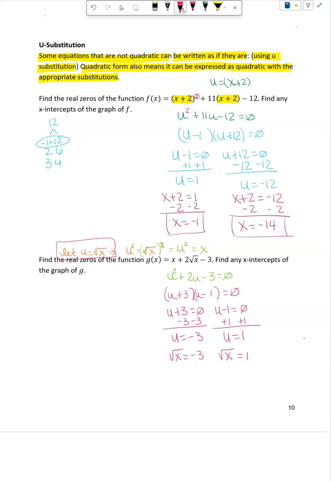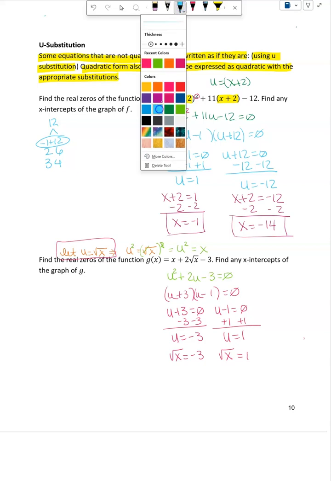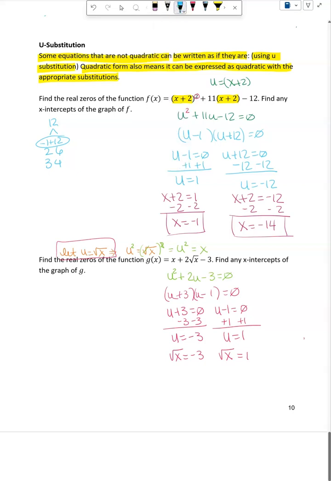Okay, now's when we really have to use our math brain, okay? Because is there anything that we could take the square root of that's going to give us a negative, right? No, right? Because there's no real solution, because the square root of a real number is never negative.